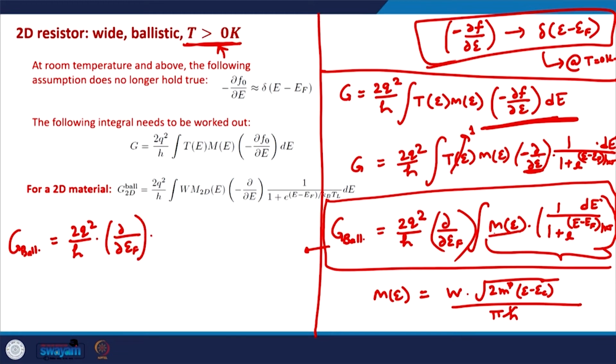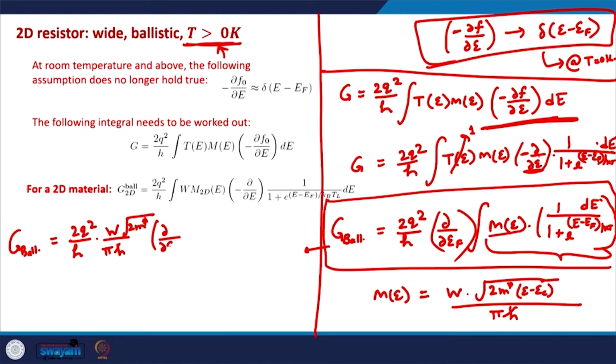Now if we put this instead of M(E), then W by pi h bar will come out, and the square root of 2m star can also be taken out.